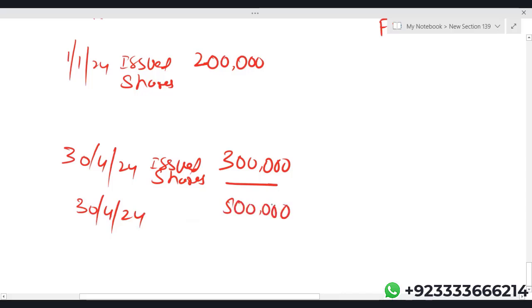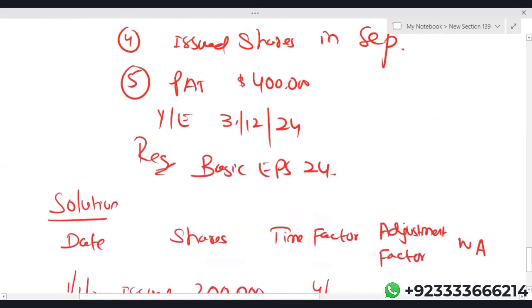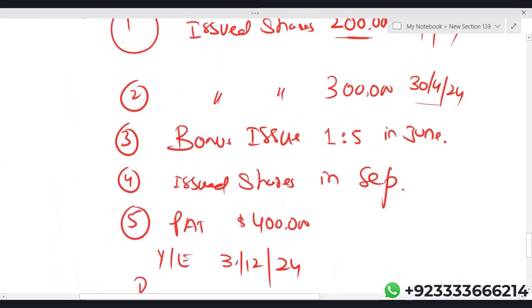From 1st January till 30th April, how many months are there? 4. So the time factor is 4 upon 12. After 30th April, what is happening? Nothing is mentioned. It is end of the month.